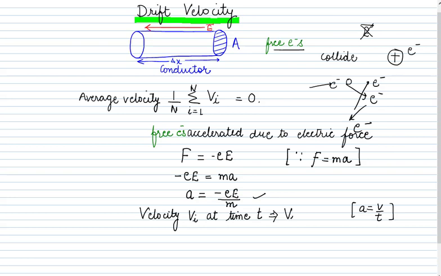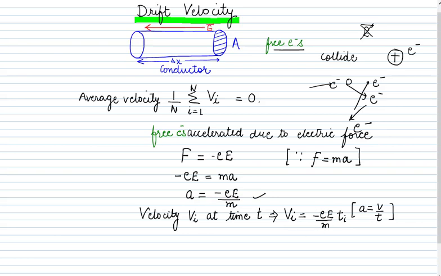So the velocity is equal to acceleration multiplied by time. At any time t, any of the electrons will have the velocity minus eE upon m into t. This is for any of the electrons.